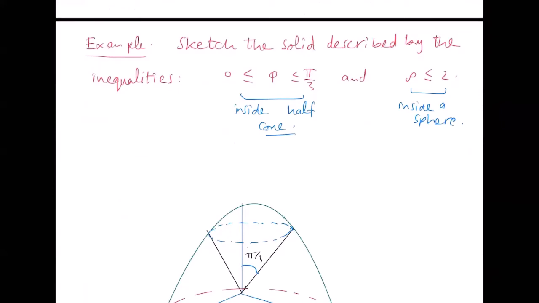Example: sketch the solid described. Look carefully, we are given a solid. Why solid? Because we are in triple integrals now. Sketch the solid described by the inequalities phi between 0 and pi over 3, rho less than or equal to 2.